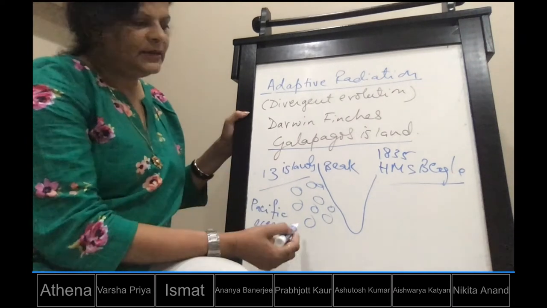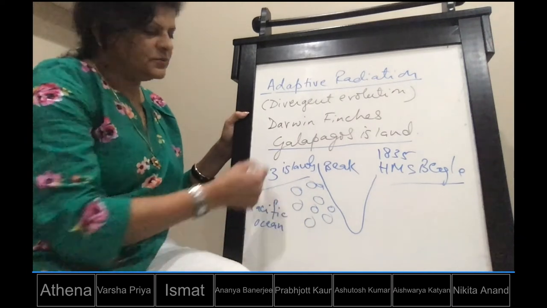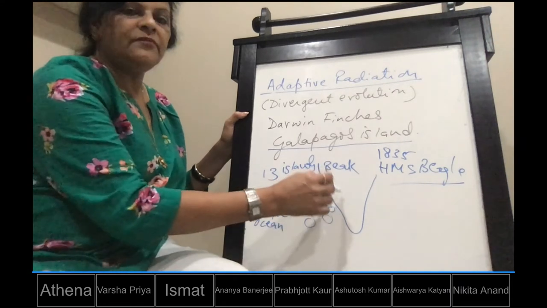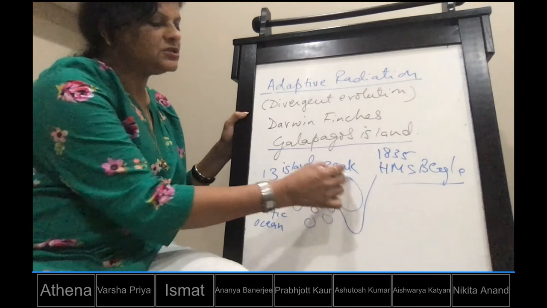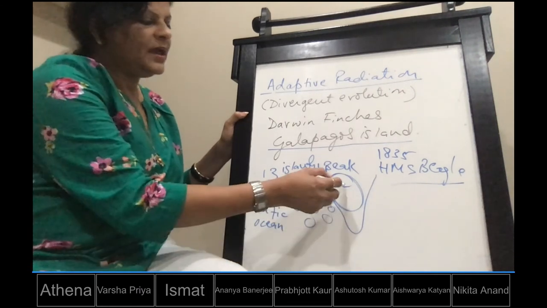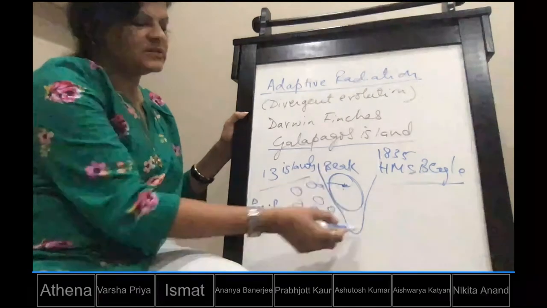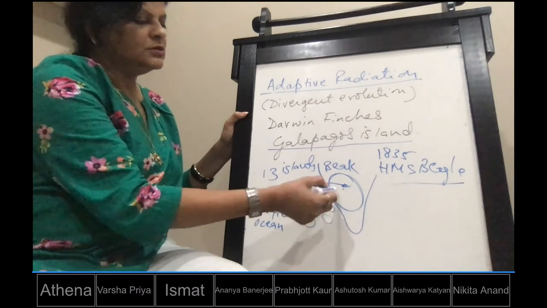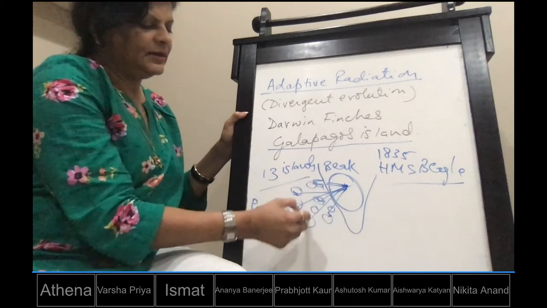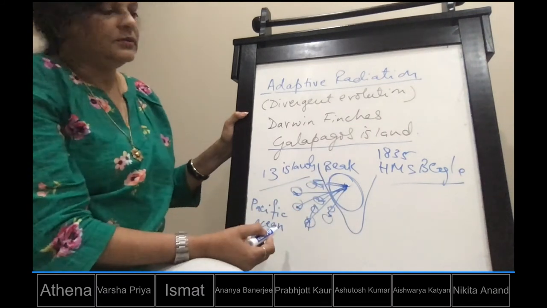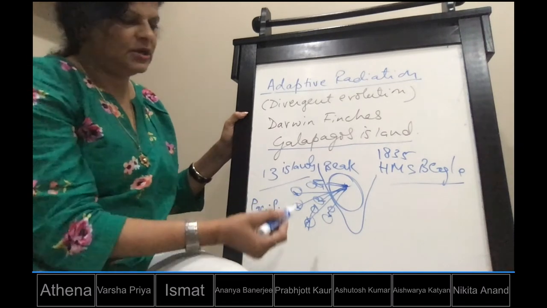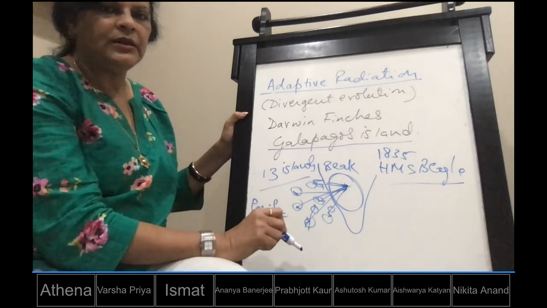Now, he said that these birds, which were in these islands, basically came from an ancestral stock from the mainland. So, the mainland, this is the South American coast. From here, the birds moved to the different islands, and the shape of the bird beak changed depending upon the food available.